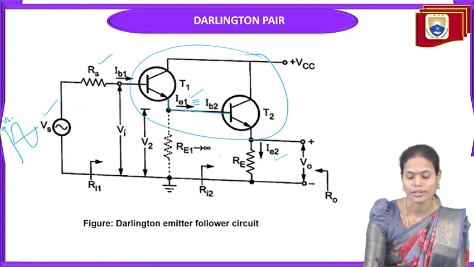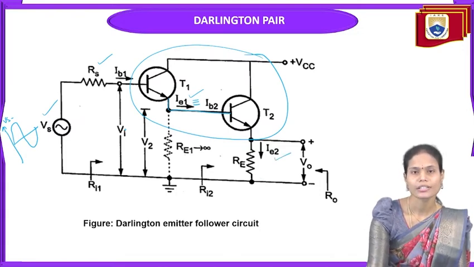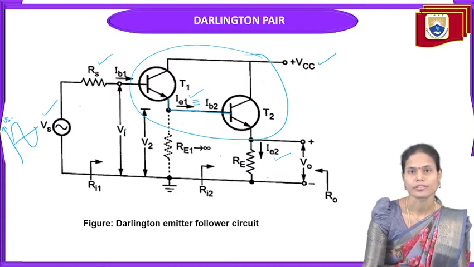So that is IE2. For both the collector terminals we are providing the supply voltage VCC. So this is the Darlington pair construction after providing the input signal as well as after taking the output across the emitter resistor. So now we have to analyze this particular circuit.